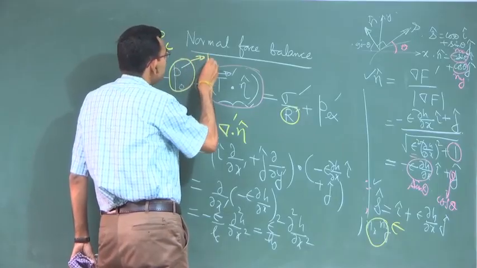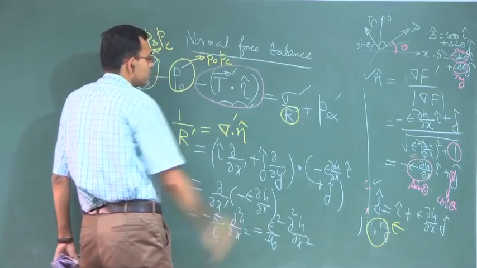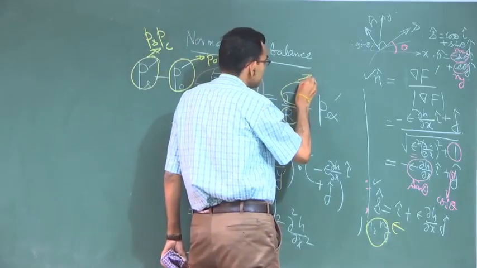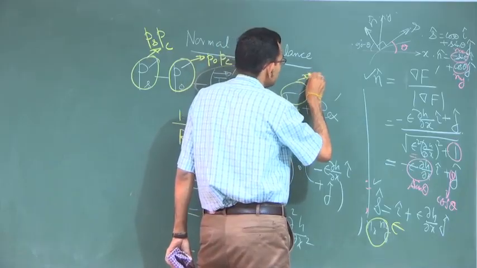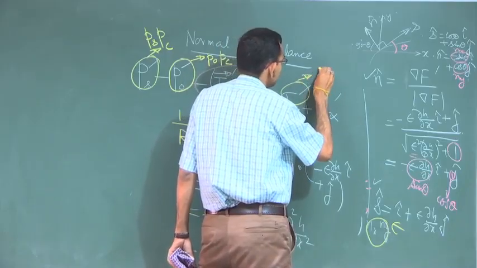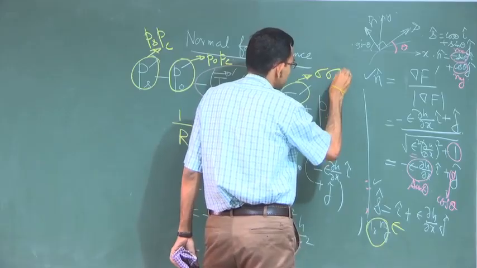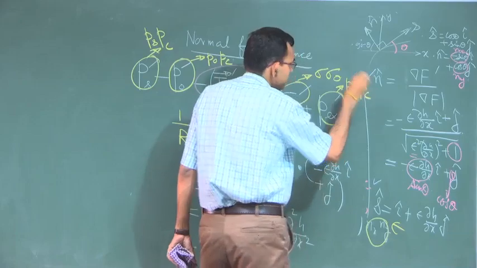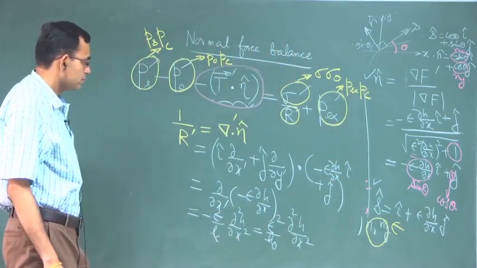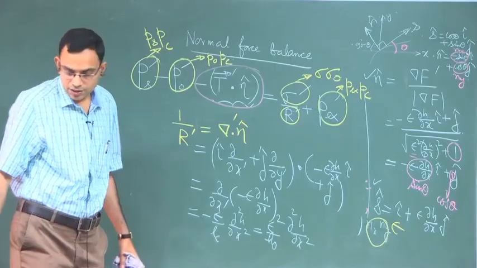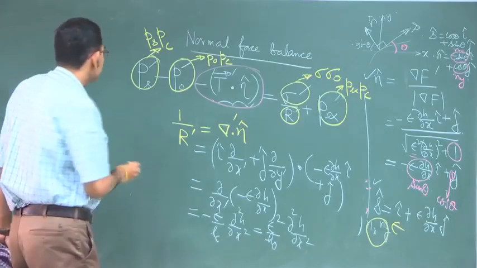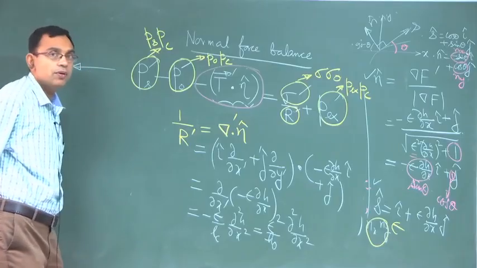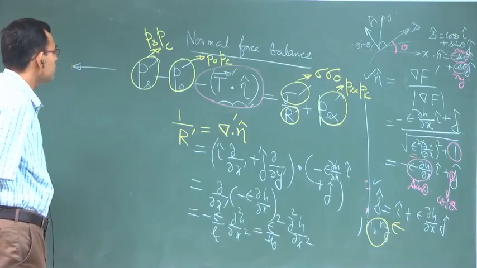So, this is P0 into Pc, sigma dash is equal to sigma into sigma 0, and this is Px into Pc. So, with that consideration, we will be able to write this in the following.